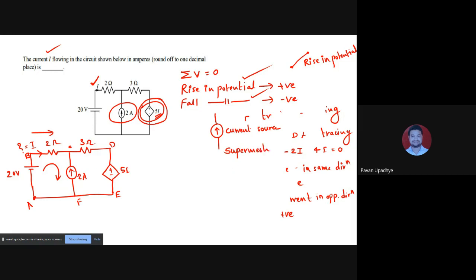Because you cannot write a voltage value for that vertical branch, you will not be able to write a KVL equation for any of the two loops. आप किसी भी एक loop के लिए equation नहीं लिख पाओगे.